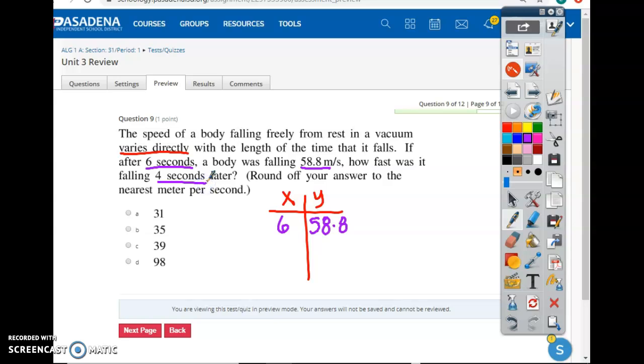So 4 seconds later, then 6 seconds would be 10 seconds, right? We want to find this one. So once you set it up, go ahead and cross multiply, divide by the 6, and that will give you the answer.